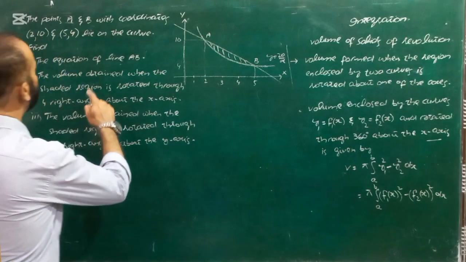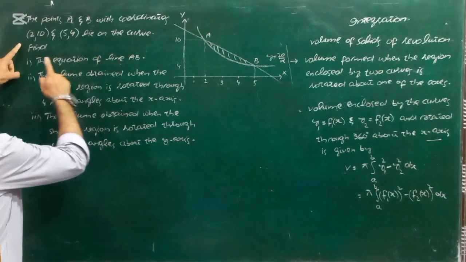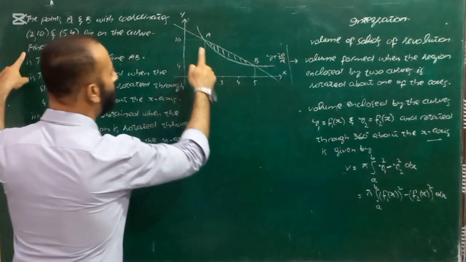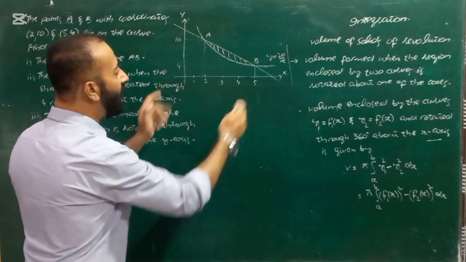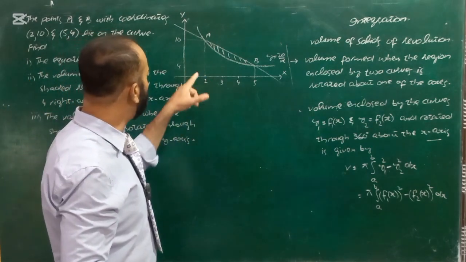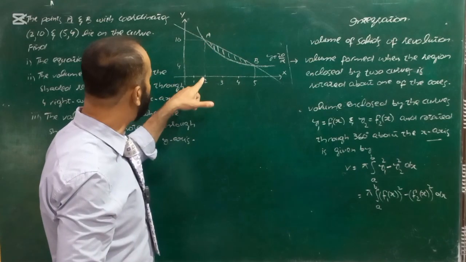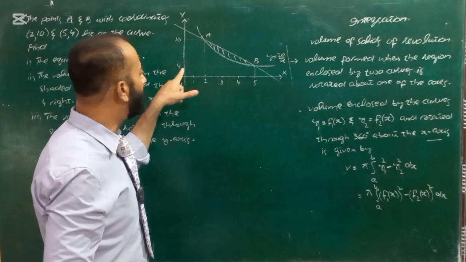The points A and B with the coordinates (2, 10) and (5, 4) lie on the curve. So here are 2 points. And from here we can see, because this is a handmade figure, students, but I have mentioned the points. So A point will be (2, 10), and B point will be (5, 4).